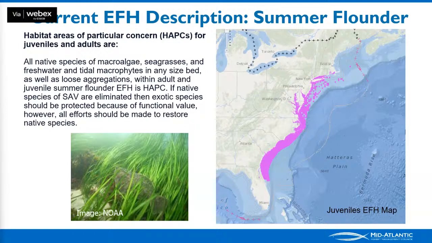So one of the things that this map really doesn't capture is how confident we are in our ability to map EFH. So basically from Hatteras north in that offshore area, you see these little boxes turned on purple. And in the original designations, we relied on the trawl survey information. And if a 10-minute square caught a summer flounder, that turned on as essential fish habitat.